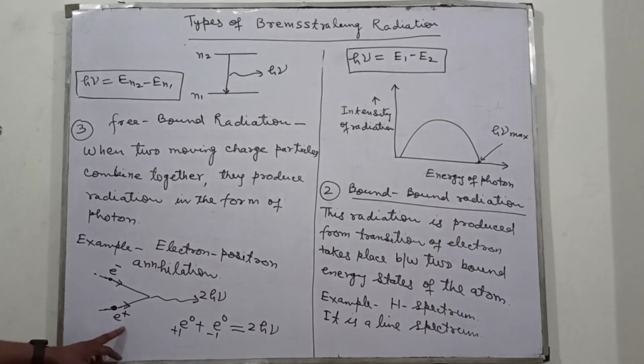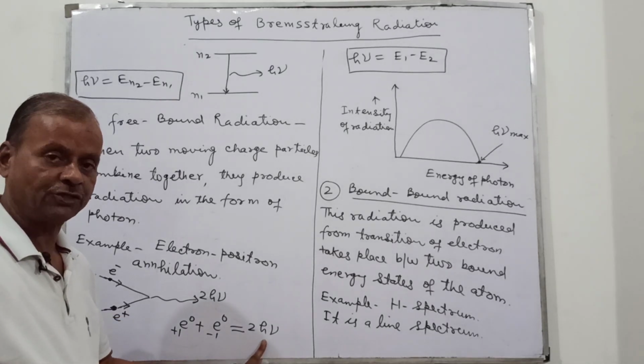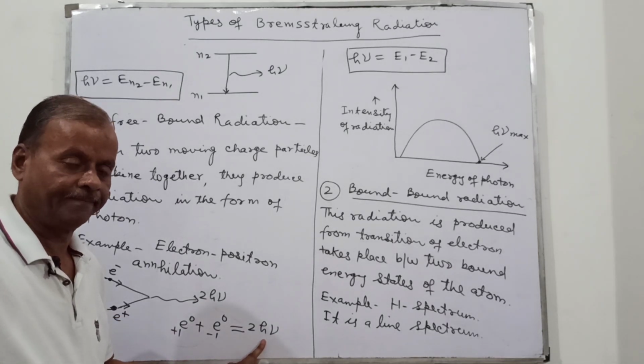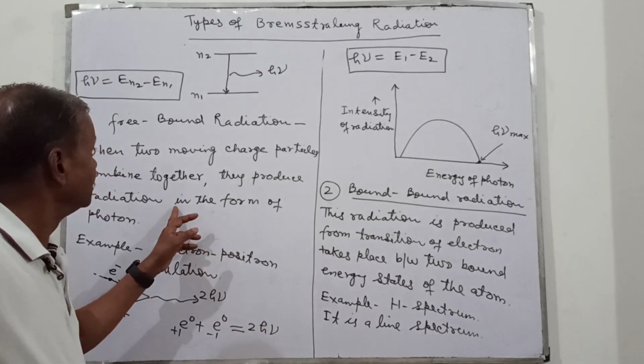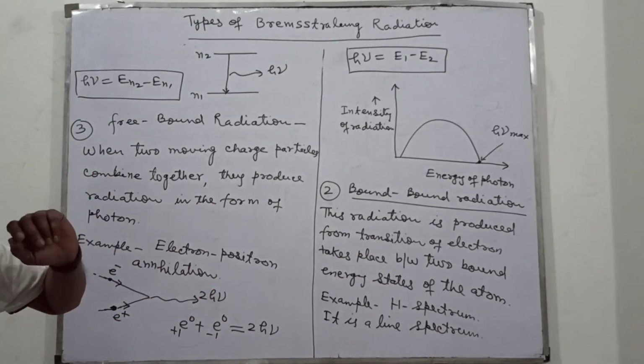So this is the electron, this is the positron, and then they annihilate and produce two photons, each of the same energy, and this is called pair annihilation or electron positron annihilation.